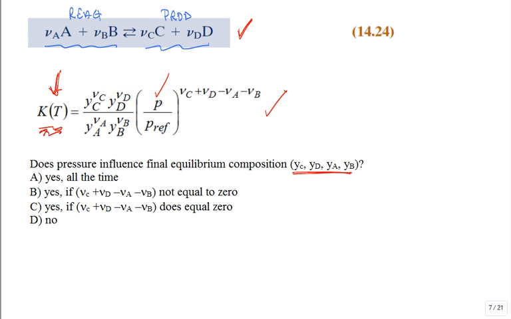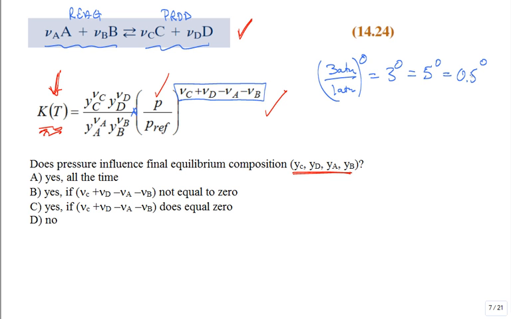Now, look at this. If I have something like the pressure is 3 atm and the reference is 1 atm, right? But then I take and multiply that. But if this exponent right here is all 0, what is 3 to the 0? Is it the same as 5 to the 0? Is it the same as 0.5 to the 0? Mathematically, anything raised to the power of 0 is 1.